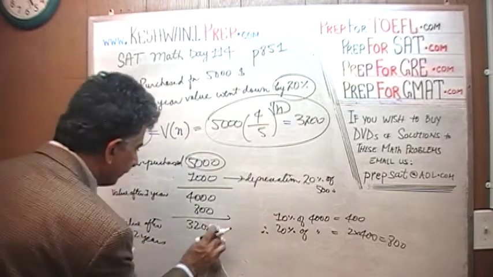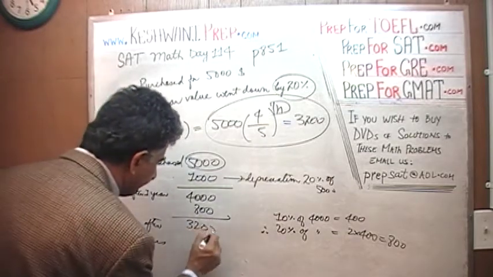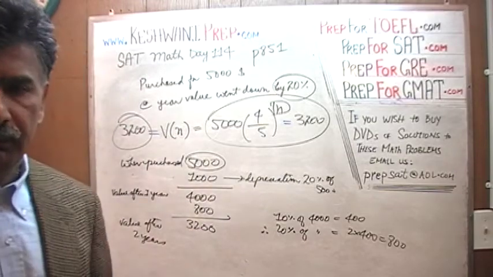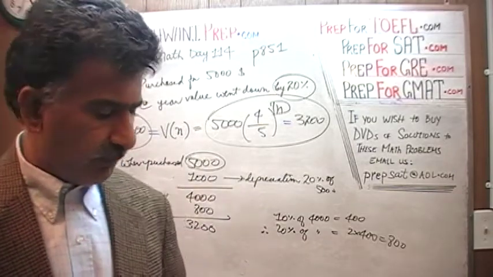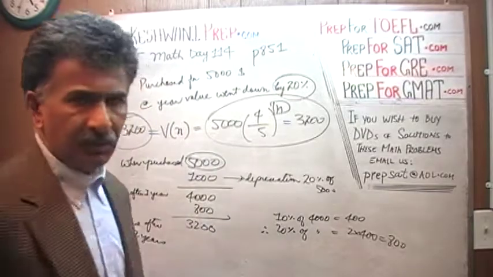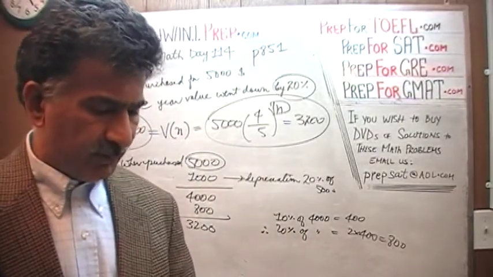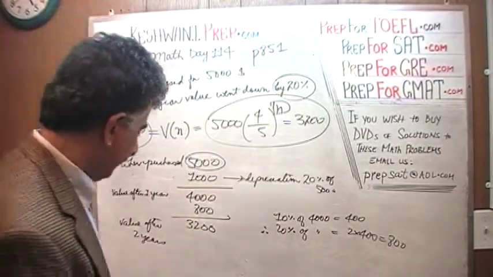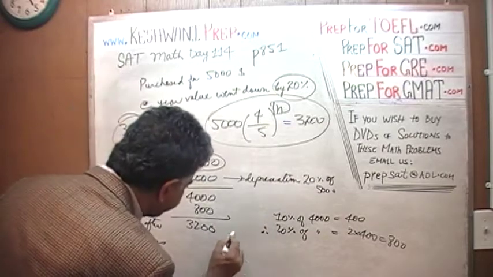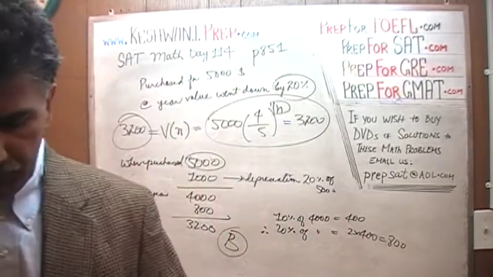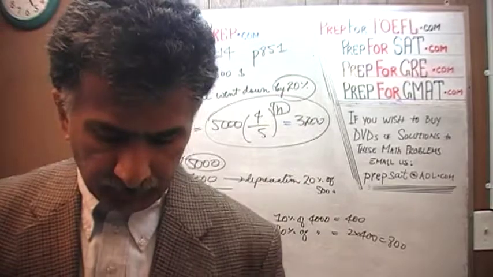At the end of 2 years, it's going to have the value of $3,200. That's it. We don't have to use this cumbersome, tedious formula here. The answer is 2. The answer is B. The value of the car is going to be $3,200 after 2 years.